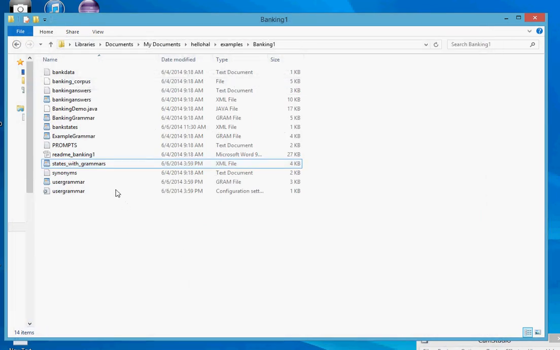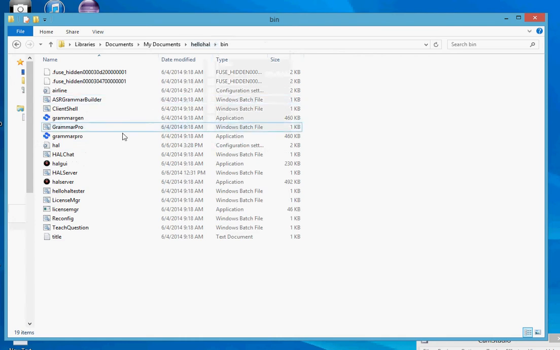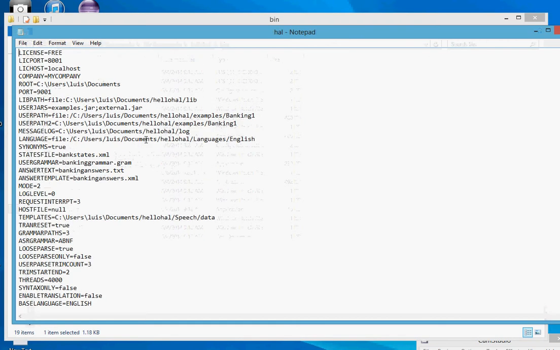But for now, let's see if our new grammar works for us. What we're going to do is change the configuration file to make sure that we point at the new files that GrammarPro has generated for us.